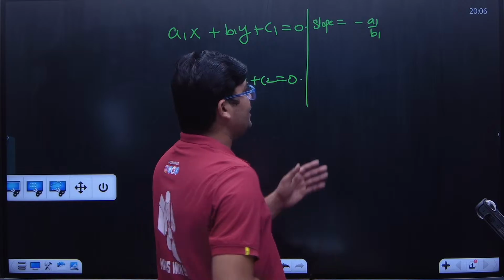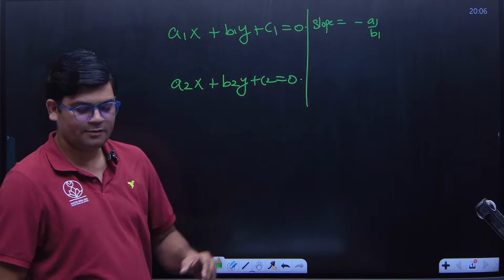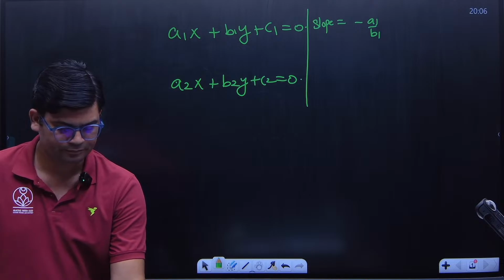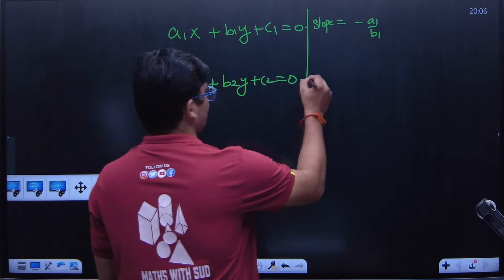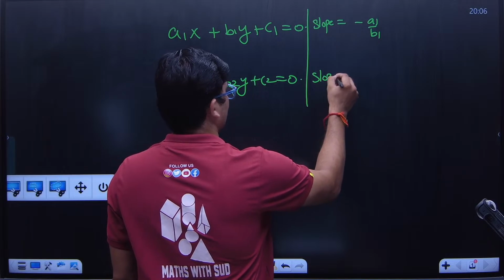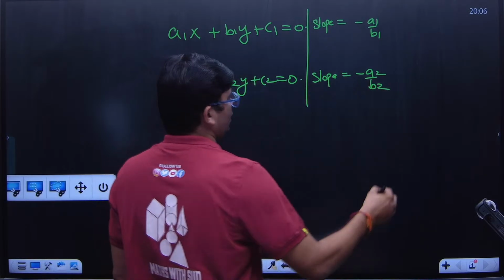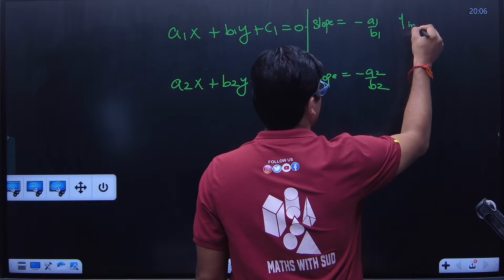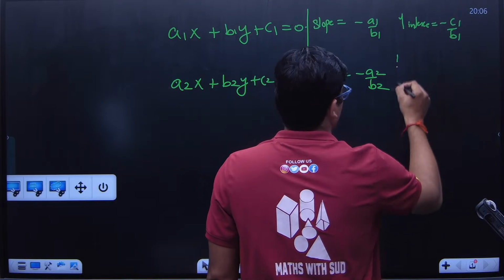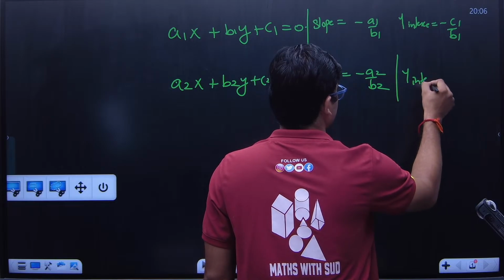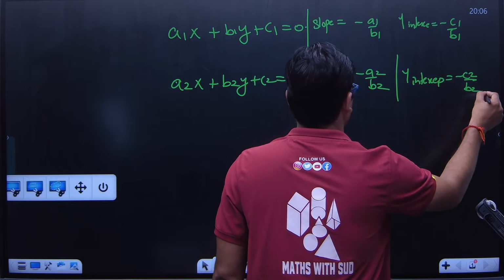So the slope of the line is minus a1 upon b1. You will take a1x on the other side, it will be minus a1 upon b1. Are you getting it? Yes, sir. The slope of the other line will be minus a2 upon b2. The y-intercept here will be minus c1 upon b1, and here the y-intercept is minus c2 upon b2.